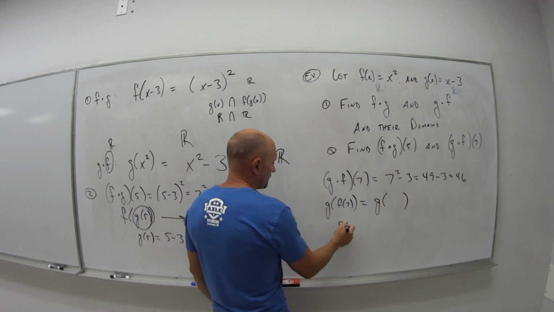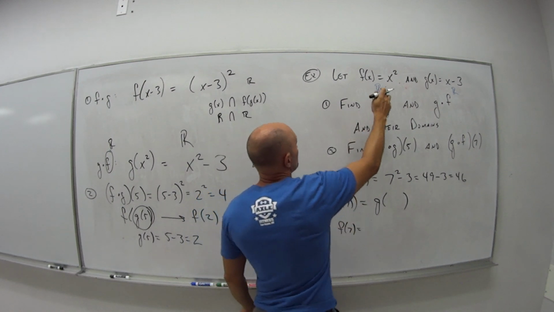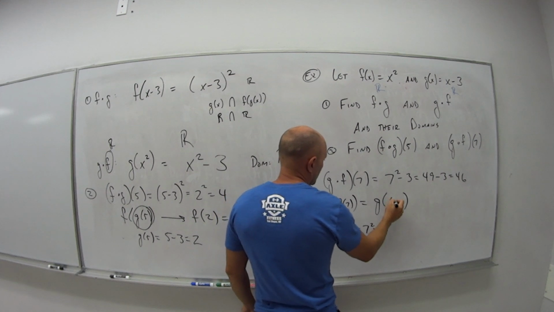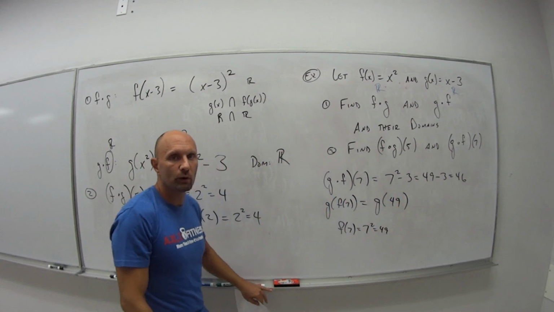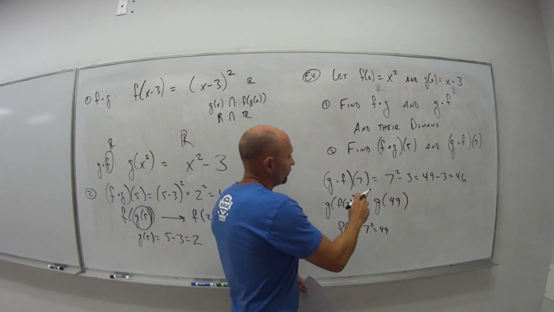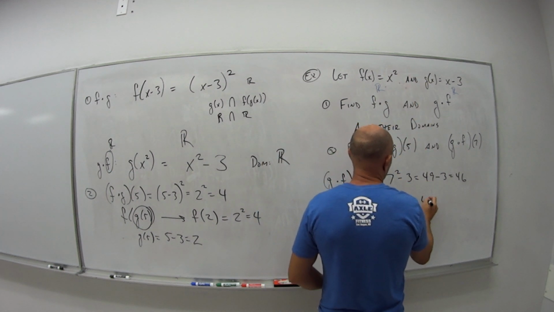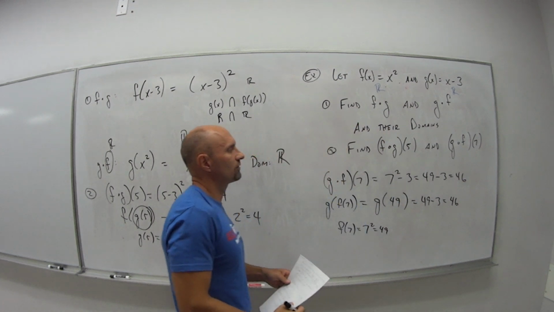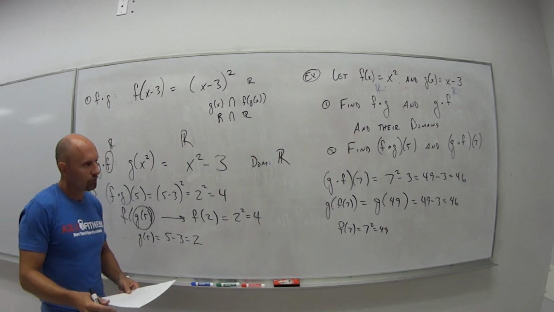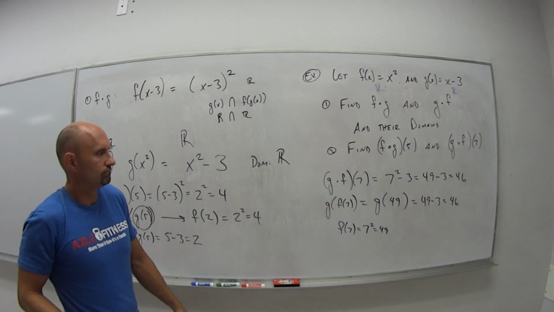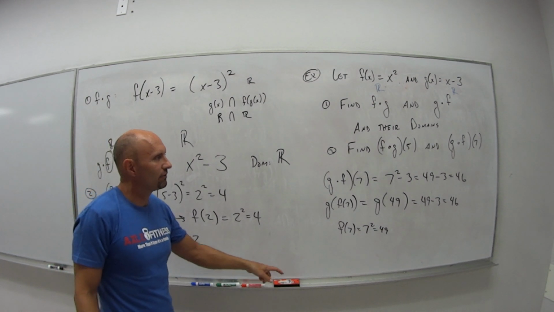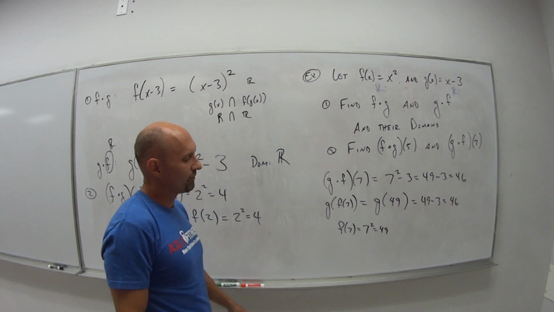Well, f of 7 is, plug that in there, 7 squared is 49. So I want g of 49. So plug that into my g function, that's 49 minus 3, which again gives me 46, the same value, so I can be pretty sure that it's right, and there were 2 ways to go about doing it if the function didn't simplify nicely.